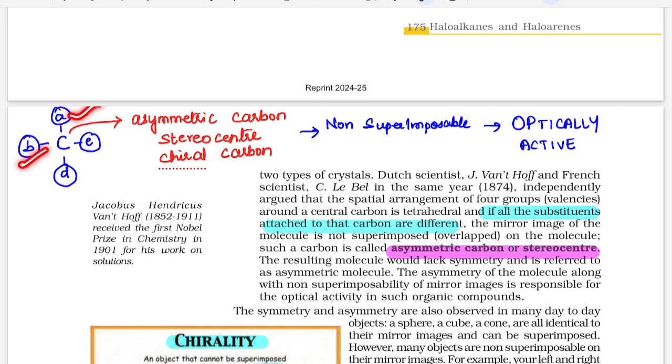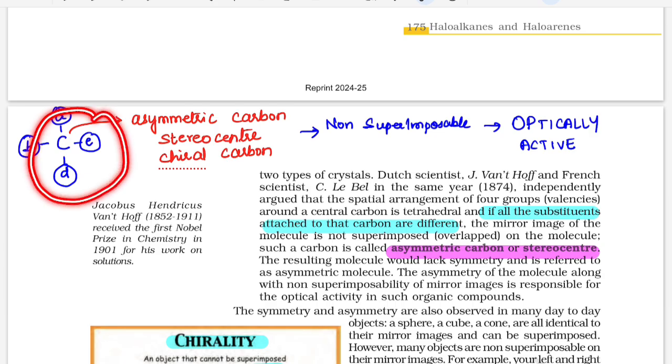If 4 different atoms are attached to the carbon atom, then this carbon is called an asymmetric carbon, or a stereocenter, or a chiral carbon. Remember these 3 terms: asymmetric carbon, stereocenter, chiral carbon.